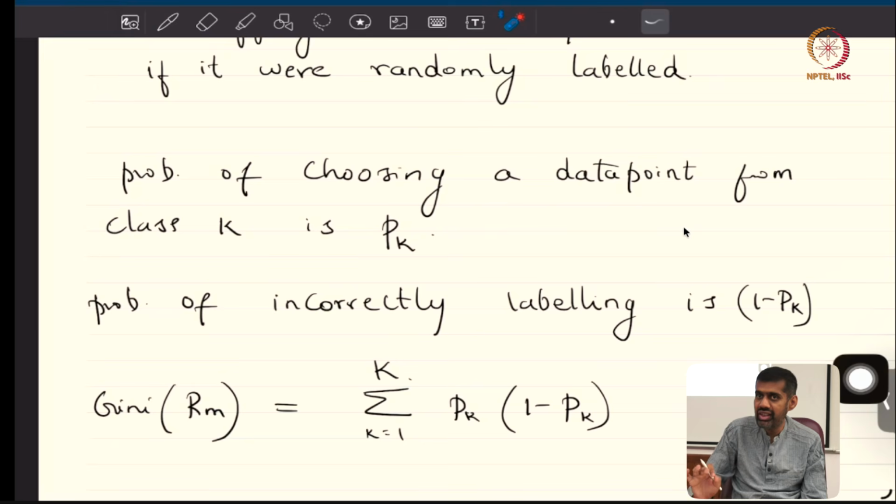If all the points within a region belong to a particular class, then this will be smaller. The more skewed the distribution is towards one particular class, the smaller this will be, right. That is algebraically it can be seen. Can all of you see that? In the degenerate case, when pk becomes a Dirac delta, that is when the split is the purest.